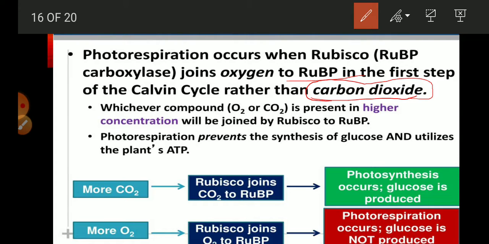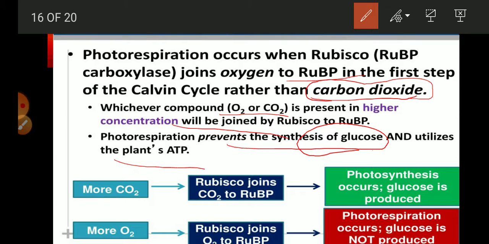Whichever compound, oxygen or carbon dioxide, is present in higher concentration, Rubisco joins that one with the RuBP. So photorespiration prevents the synthesis of glucose and utilizes the plant's ATP, because in the presence of oxygen, energy is formed and then utilized.